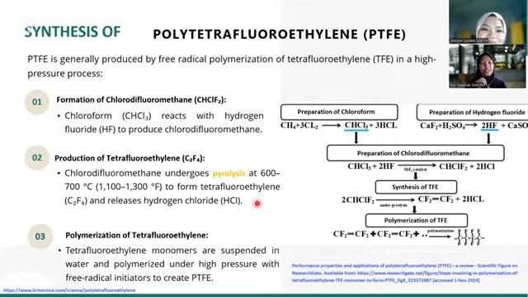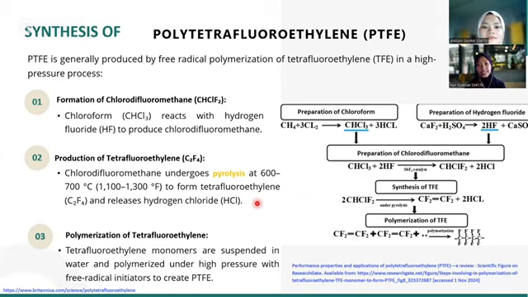All right, let's continue for the synthesis of polytetrafluoroethylene, PTFE. So this PTFE is generally produced by free radical polymerization of tetrafluoroethylene, the monomer, in a high pressure process. So it consists of three processes, where the first process is formation of chlorodifluoromethane, where chloroform reacts with hydrogen fluoride to produce chlorodifluoromethane.